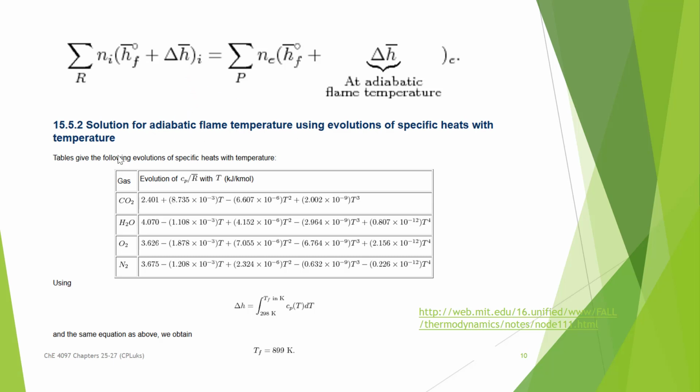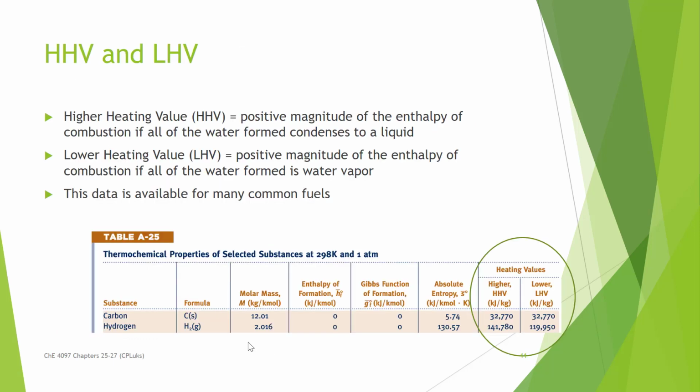And then doing this with the C sub P values for this mixture, they got a flame temperature for their fuel of 899 Kelvin. I didn't give you the full problem, so don't worry about the details. But that's the idea of what you need to incorporate. You're going to need C sub P data, heats of formation, and basic enthalpy data.